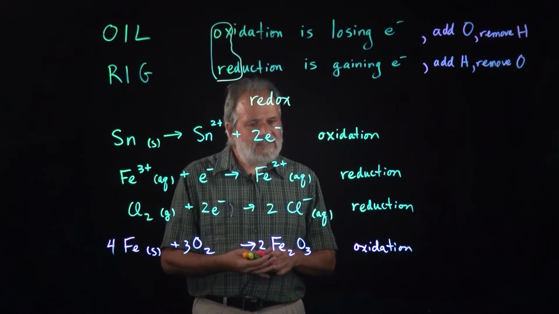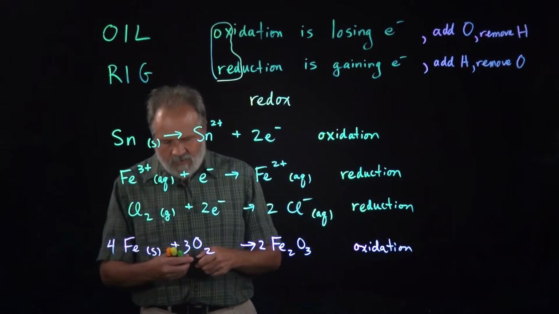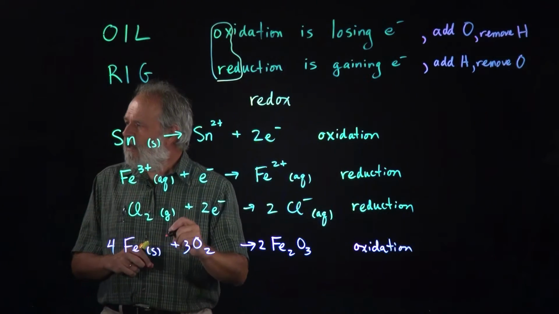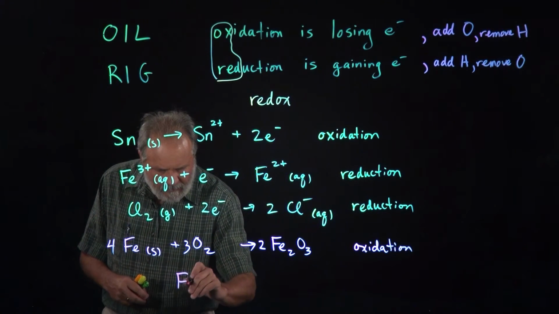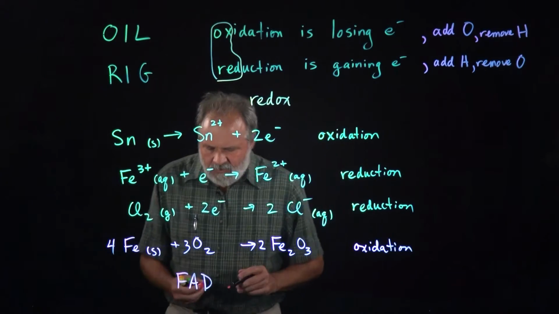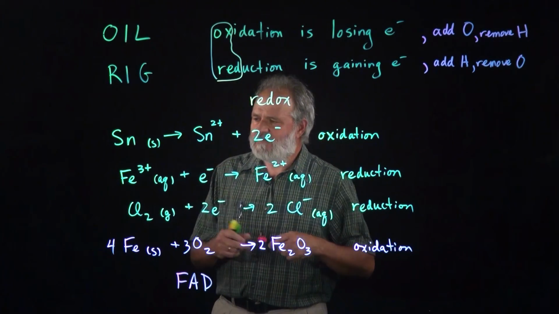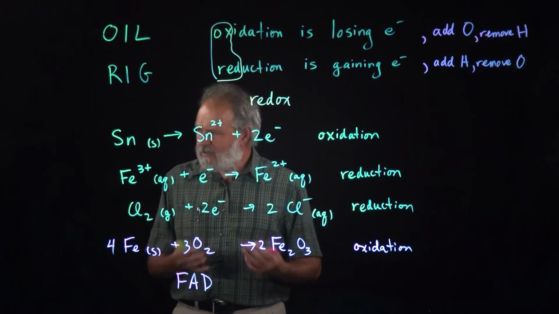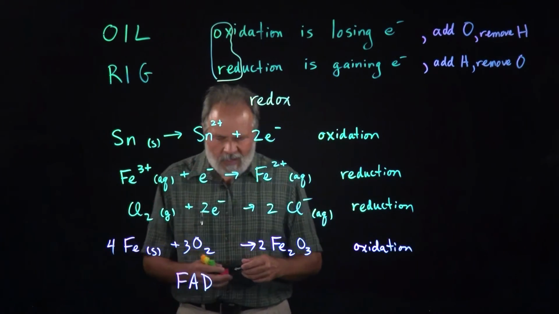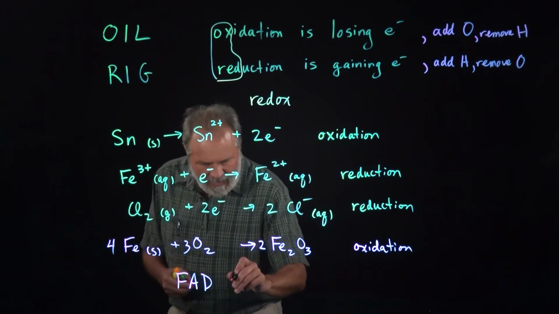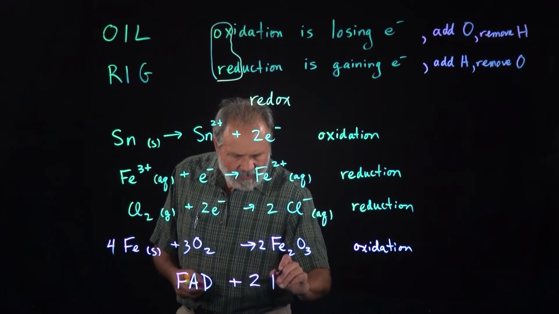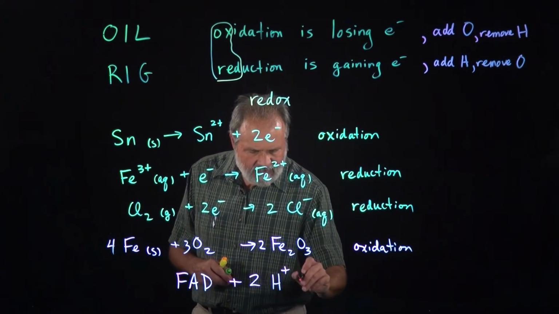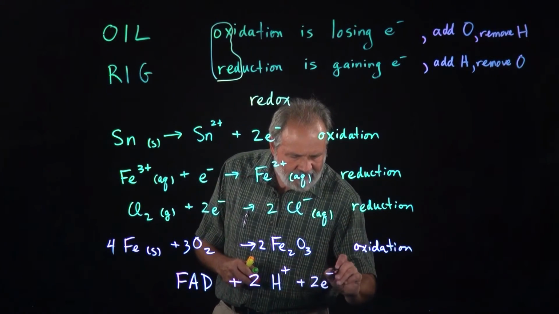Okay, and so the last example will be done with hydrogens. And so, for example, if you have a biological enzyme, and I'm just going to use the abbreviation, it's called FAD. It's flavin adenine dinucleotide. Okay, it's a big complicated molecule in biology. But what happens is that you add 2 protons and 2 electrons at the same time.